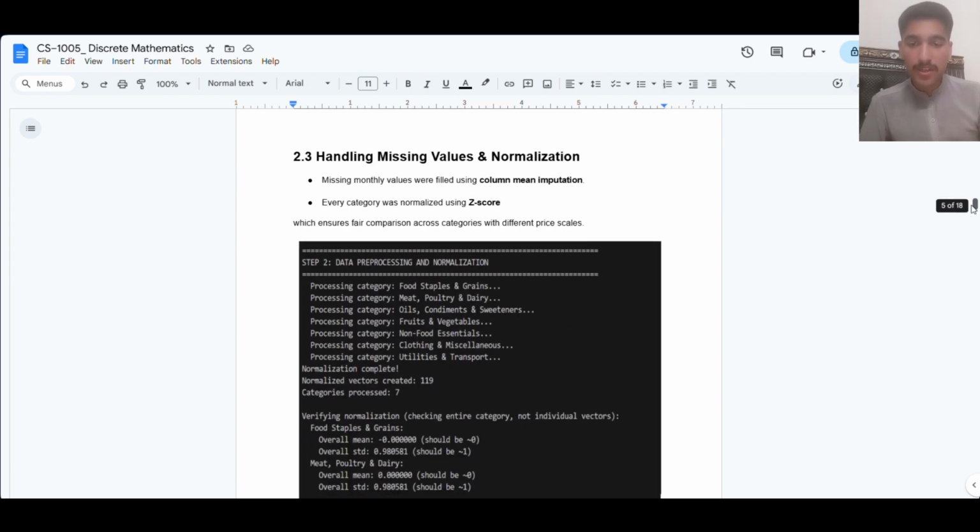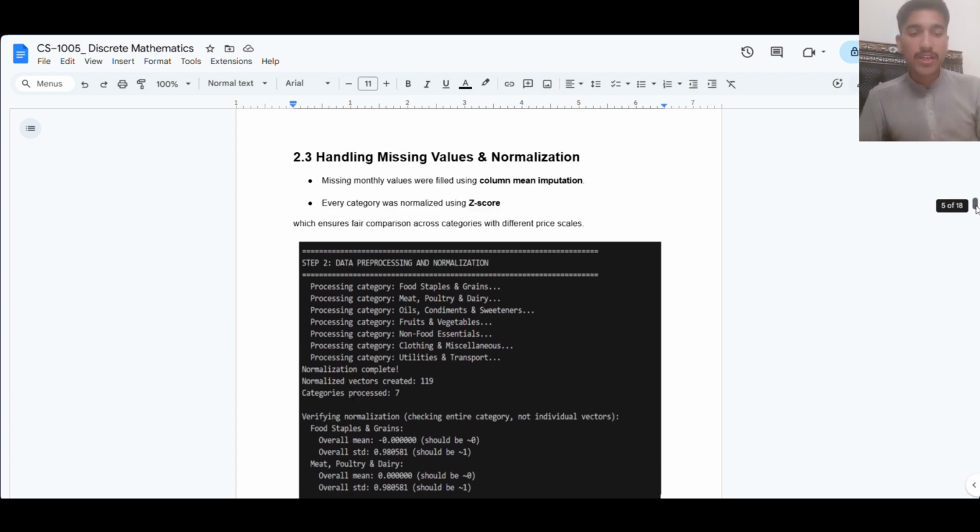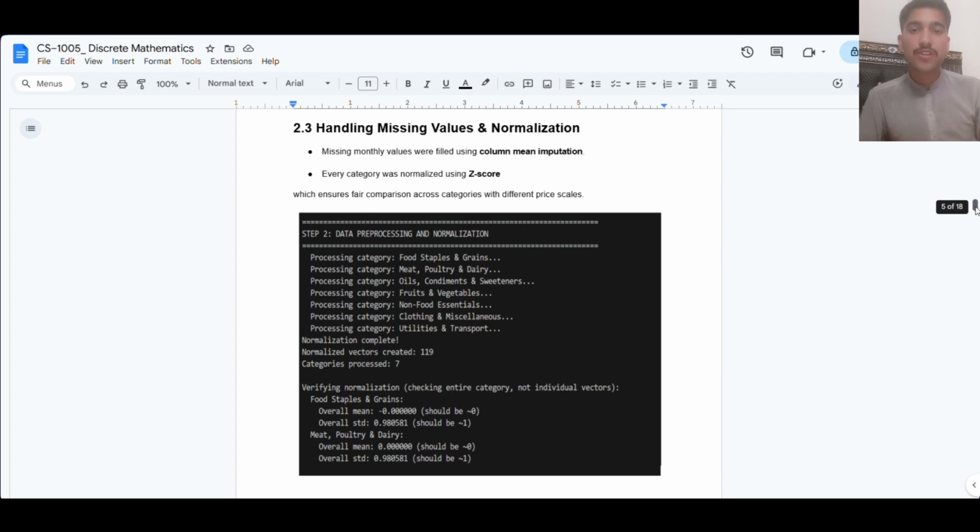The next step that we did was normalizing these vectors. This is because different categories have different scales. Like if we see from the Excel sheet, the CPI value for petrol might be 250, 300, or even more. But on the other hand, the CPI value for vegetables is like 30, 40, 50, or around that. If we don't normalize these vectors, the categories with larger numbers will dominate the similarity graphs.